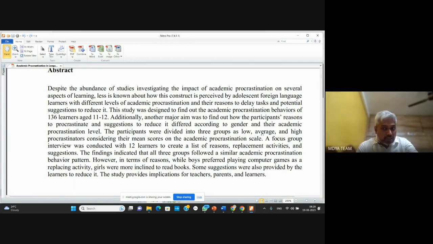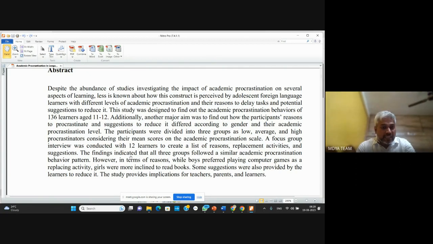The methodology has come here right now: low, average and high procrastinators, considering their mean scores on the academic procrastination scale. So there he is also mentioning the tools, means they are using some tools which depend on a scale. A focus group interview was conducted with 12 learners to create a list of reasons. That complete methodology and how they conducted the research they have explained here.